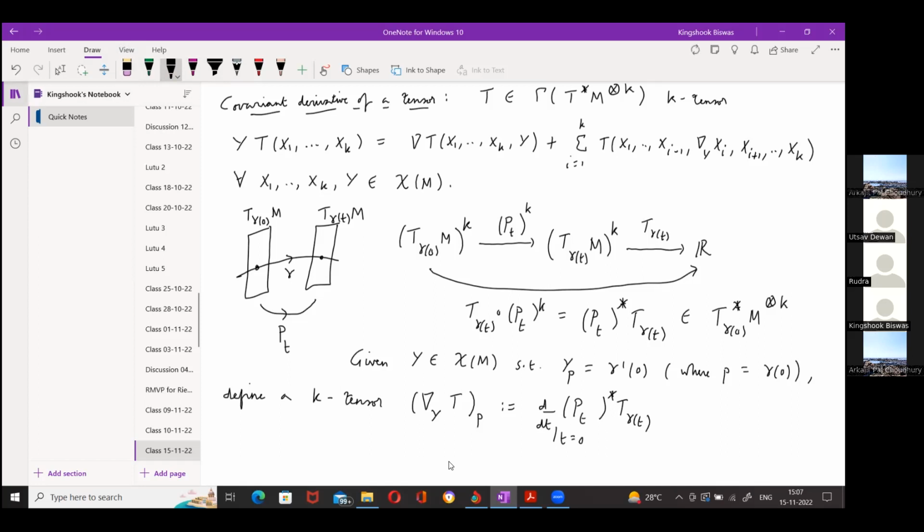Sorry, the star is outside: P_t star of T gamma t. See, this P_t star of T gamma t, these are k tensors defined on the same tangent space at T_p M. So this is going to be an element of T_p star M tensor power k. Is this clear?